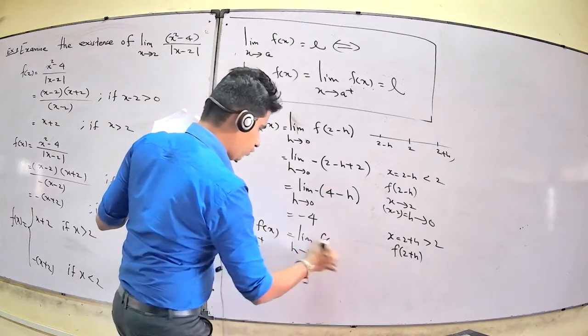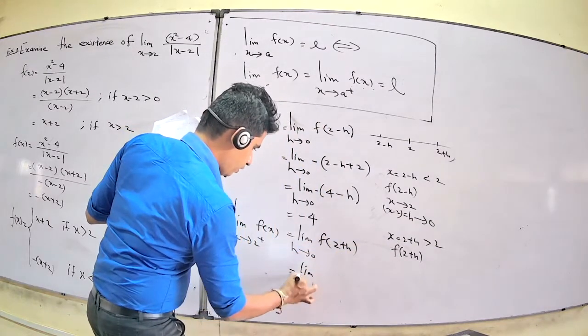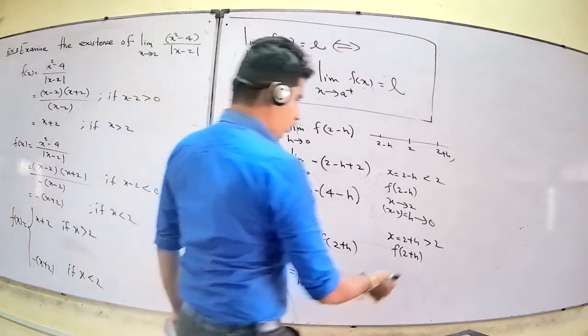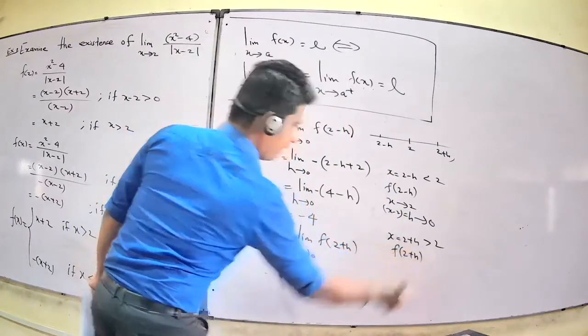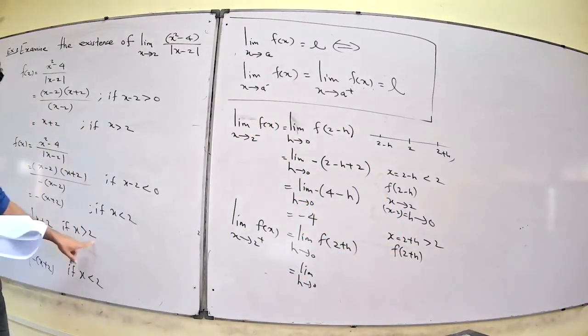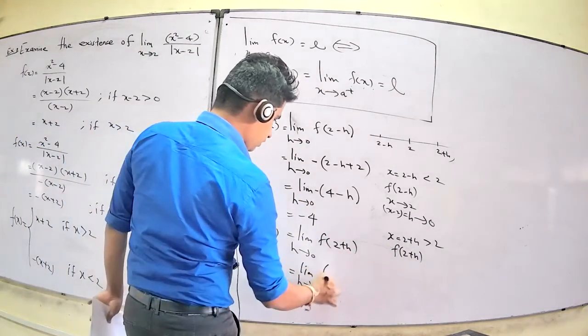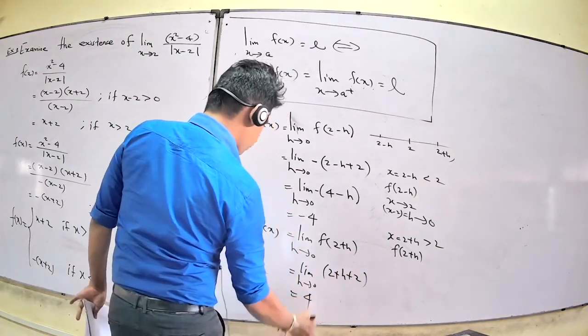Now you want to find x equal to 2 plus h. Right? F of 2 plus h, limit as h tends to 0. Here your x value is greater than 2. X value greater than 2 means x plus 2. Therefore, x is equal to 2 plus h. Therefore, 2 plus h plus 2, and as h tends to 0 it is 4.